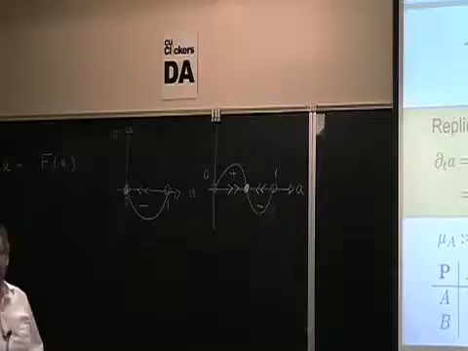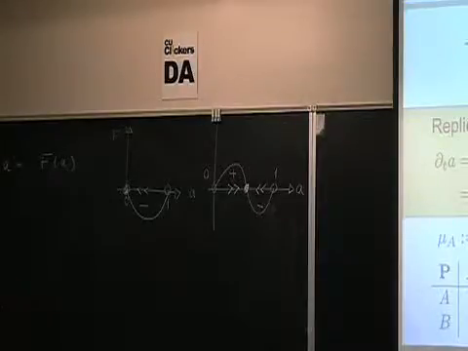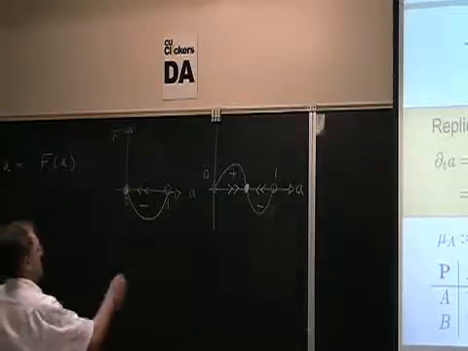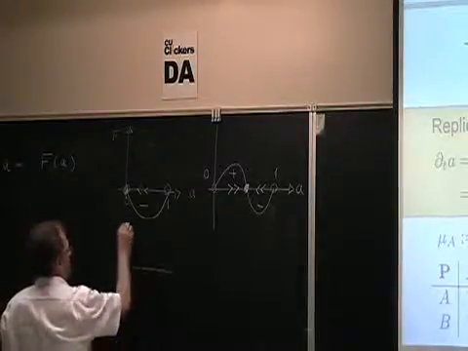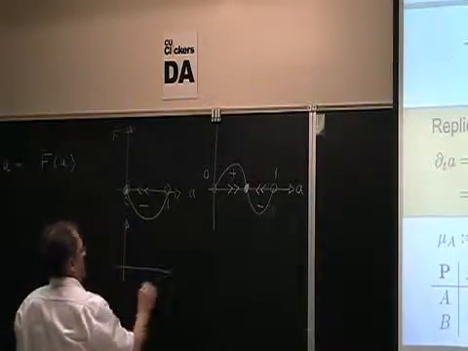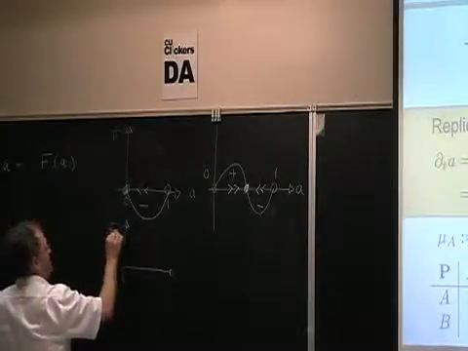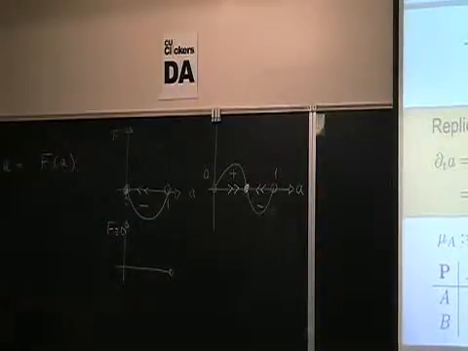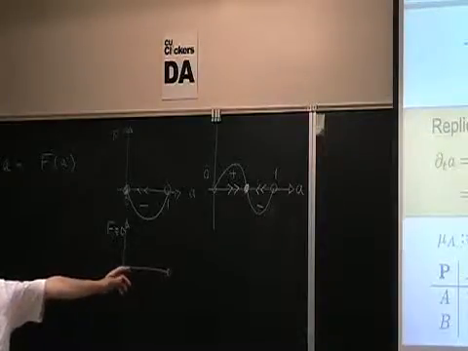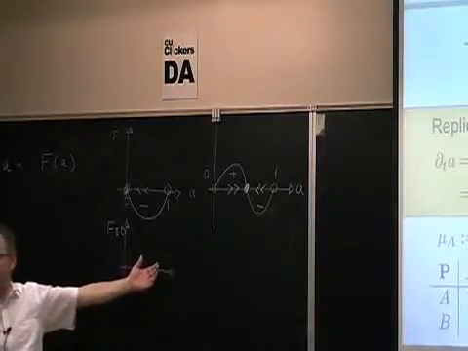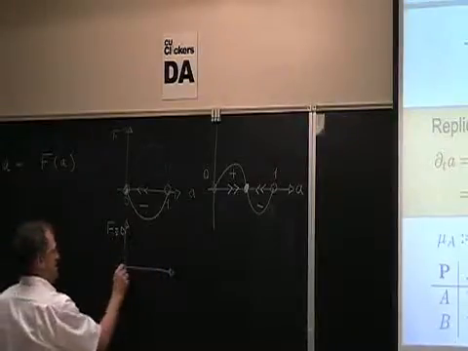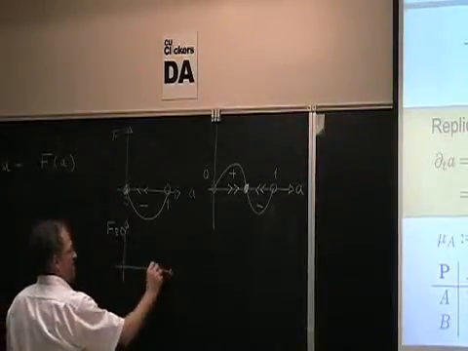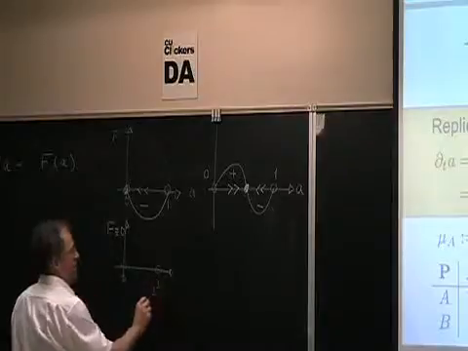Okay, the other cases are similar. I don't have to put them on the board. Let me just mention the one case where f is identical to 0. Here you have a line of fixed points, meaning no state is actually preserved, but still you do have absorbing boundaries here at 0 and 1.